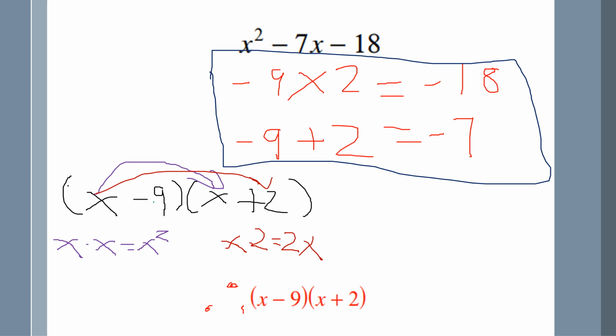This is just something I'm doing so you can know how to double check your work. I may ask you in the quiz to double check it in terms of this foiling method too. So let's do this one. Negative 9 times x equals negative 9x, and negative 9 times 2 equals negative 18.